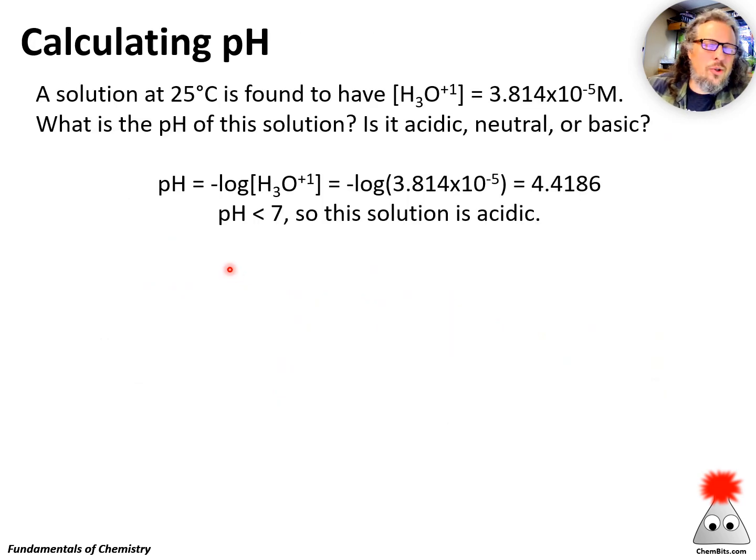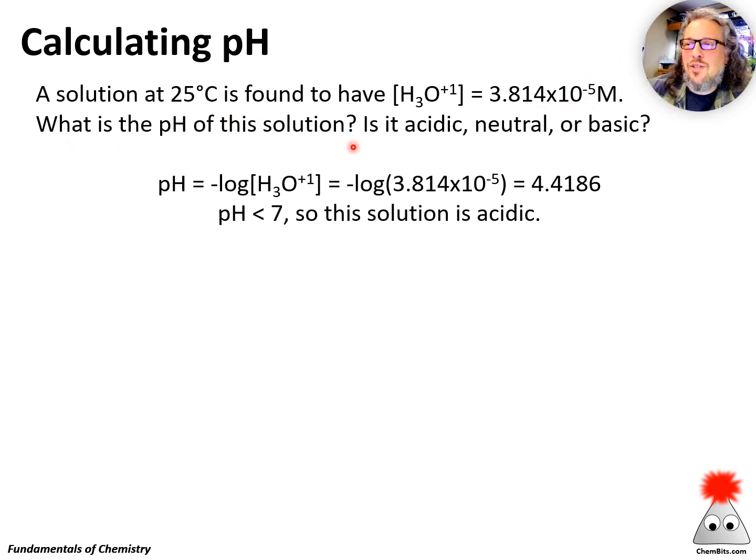Okay, let's just do a quick calculation here. This is fairly straightforward, but depending how much you've used logarithms, this can be a little bit of a reminder. So a solution at 25 degrees C, notice I said 25 degrees C so that I could use that neutral is 7, is found to have H3O plus concentration of 3.814 times 10 to the minus 5th molar.